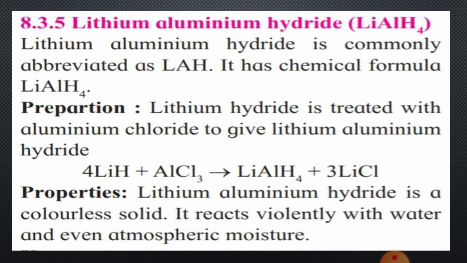So here, students, 4 molecules of lithium hydride, LiH, treated with AlCl3 give lithium aluminium hydride, LiAlH4, and lithium chloride as the side product. So this is the preparation of lithium aluminium hydride.